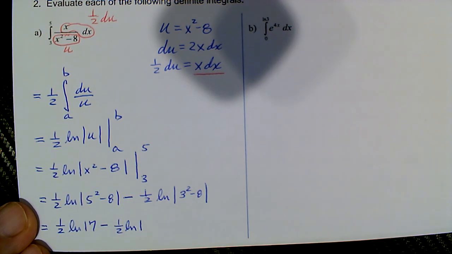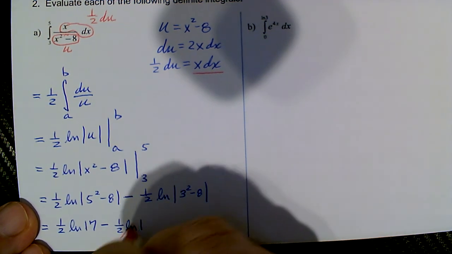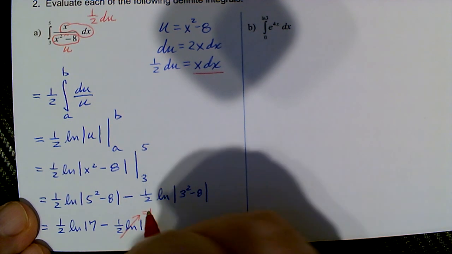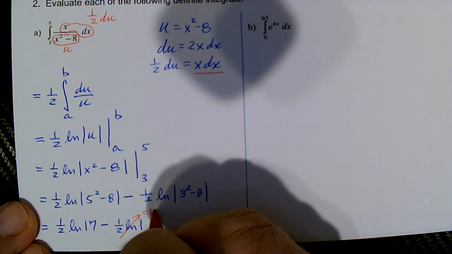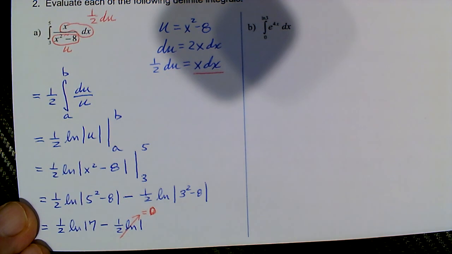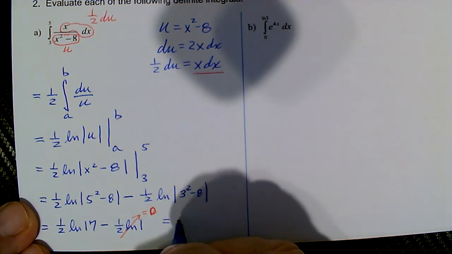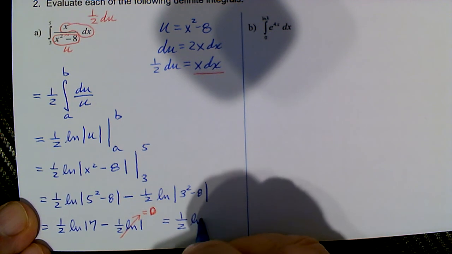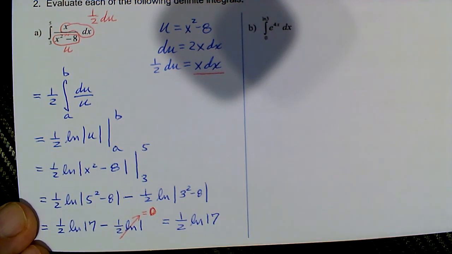And then I would take off a point here if you left that, because you have to know that the natural log of 1 is 0. Natural log of 17 you just want to leave because that's an irrational number if you type it in. So 1/2 natural log of 17.